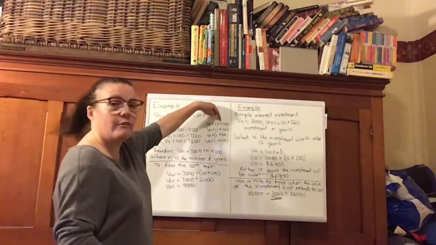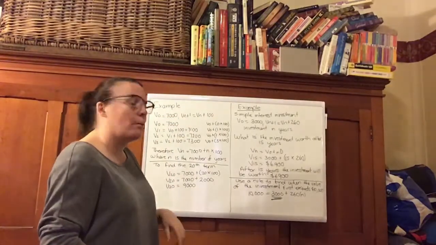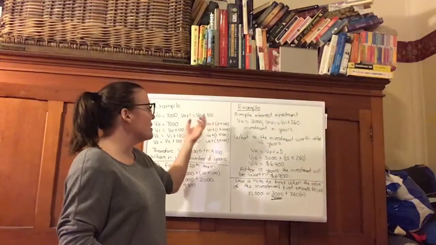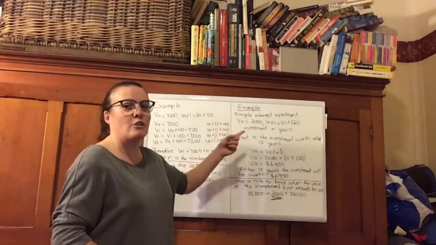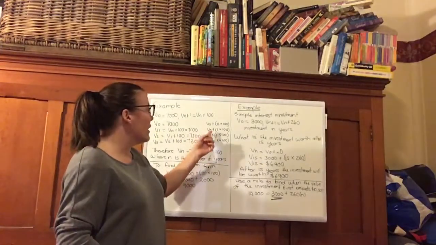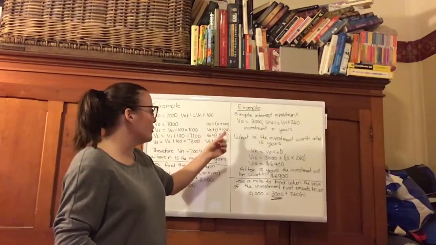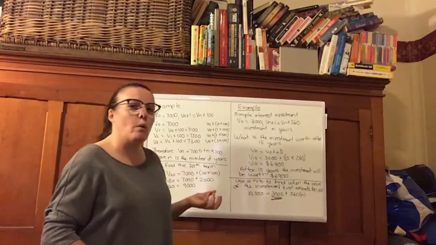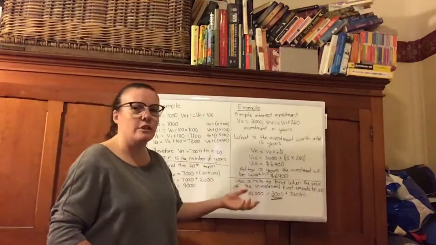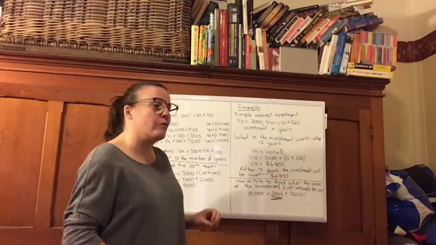Now if we have a look over here, this is the pattern that we are creating. For V0, it's V0 plus 0 times 100, which just gives us our V0 value. V0 plus 1 times 100 would give us our V1 value. V0 plus 2 times 100 would give us our V2 value.